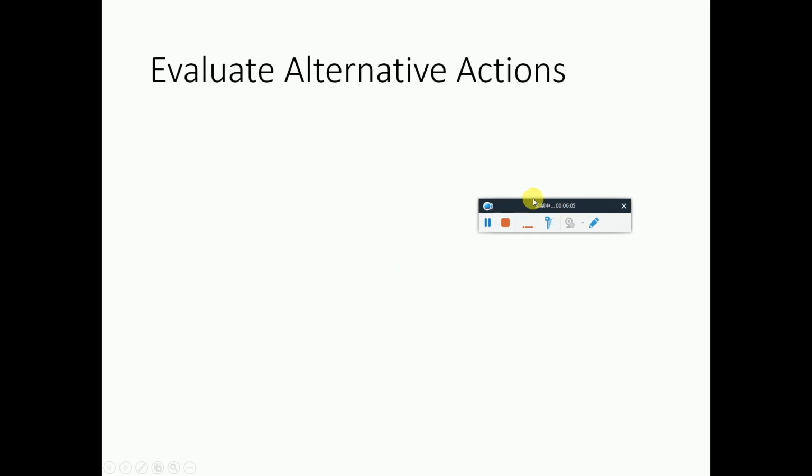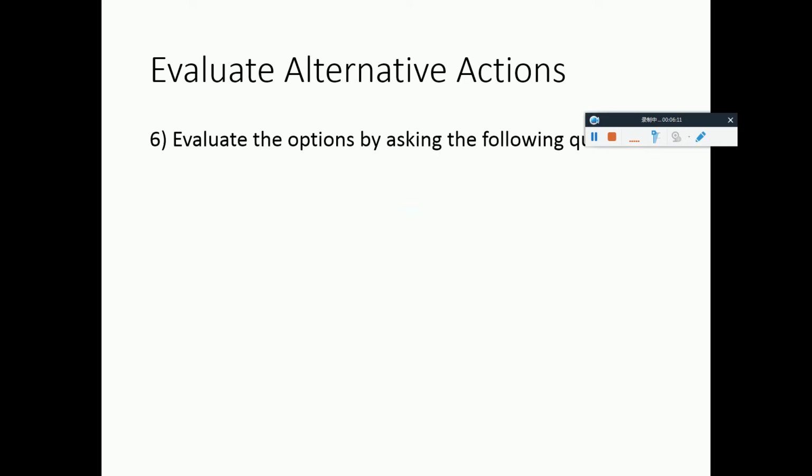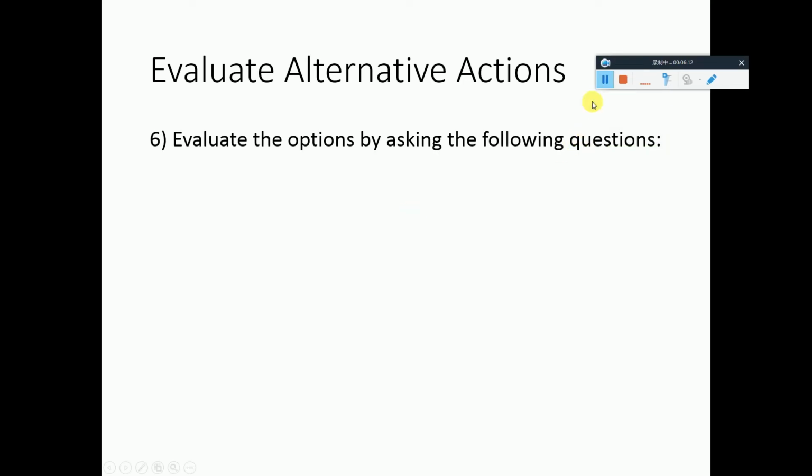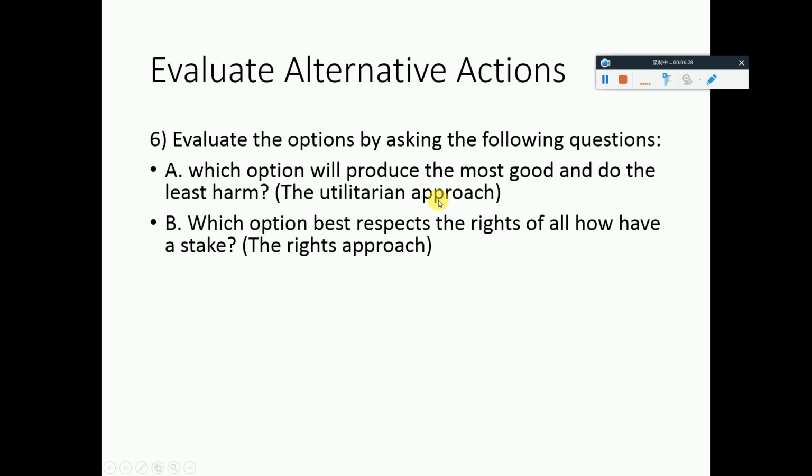The next step is to evaluate alternative actions. So this step entails asking the following questions, right? Which option will produce the most good and do the least harm? If you recall from the previous lecture, this is essentially the utilitarian approach.